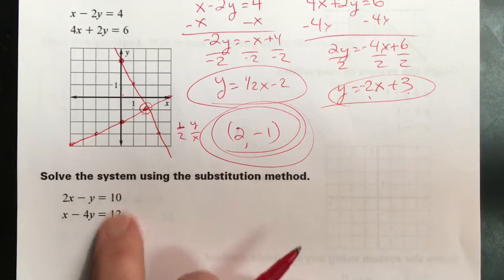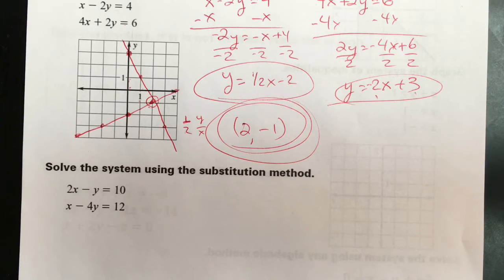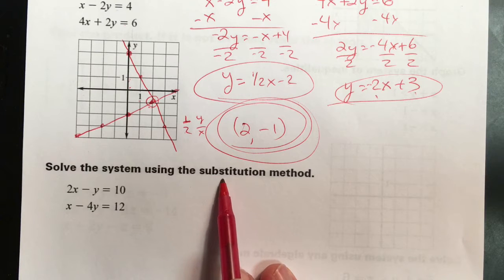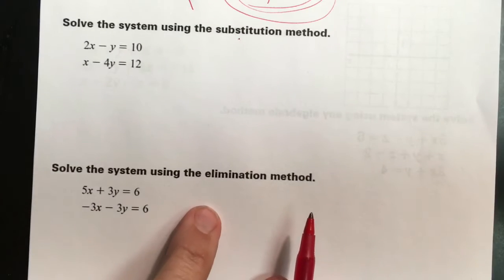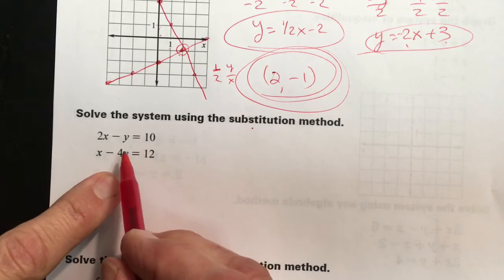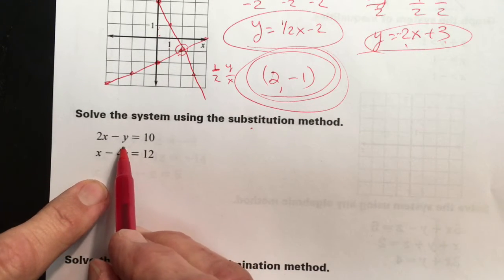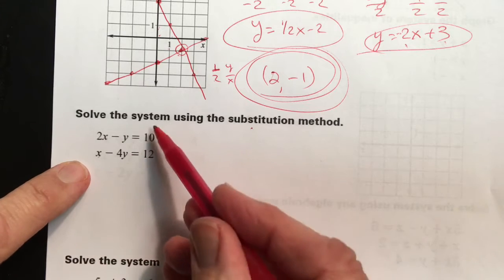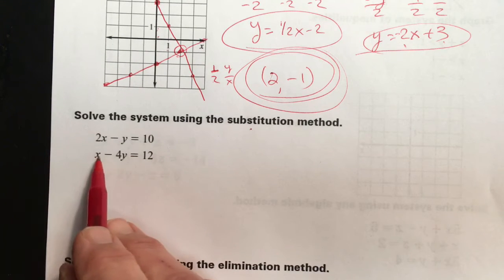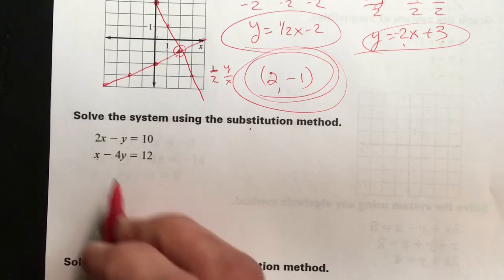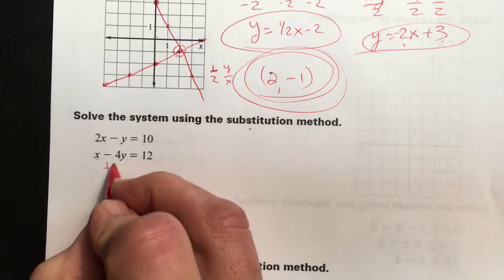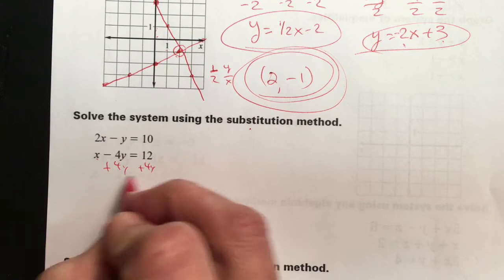We're going to solve these two linear lines where they meet by using the substitution method, then elimination method. Substitution method, easy for me to say. Solve for either the x or y, and then substitute into the other equation. So, like for this one, I'm going to solve this equation for x by adding 4y to both sides.